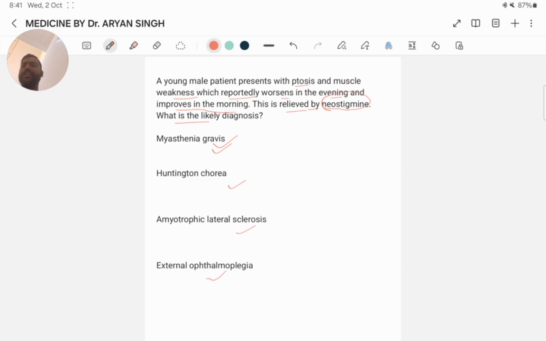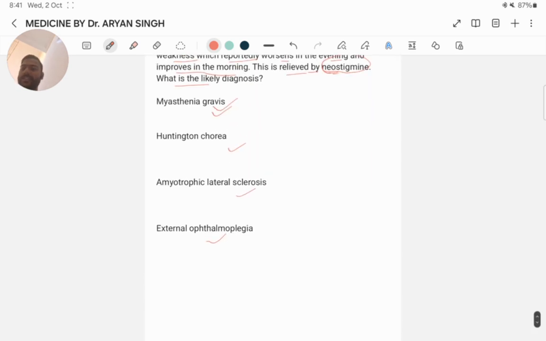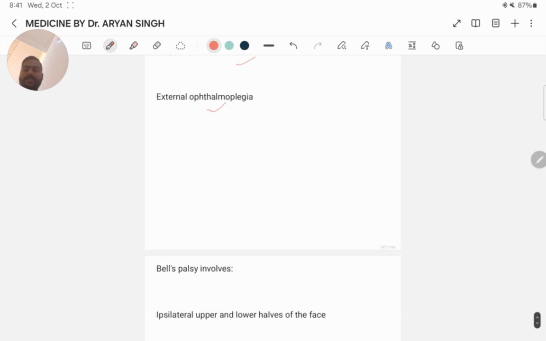Other symptoms include easy fatiguability, sustained upward gaze palsy, snarling faces, and difficulty in chewing and swallowing, tongue weakness, bulbar weakness. And here neostigmine increases the amount of acetylcholine at the neuromuscular junction and can help alleviate myasthenia gravis symptoms.